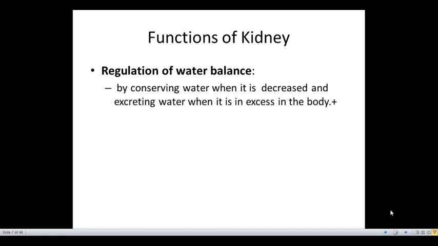Kidney causes regulation of water balance by conserving water when it is decreased and excreting water when it is in excess in the body.